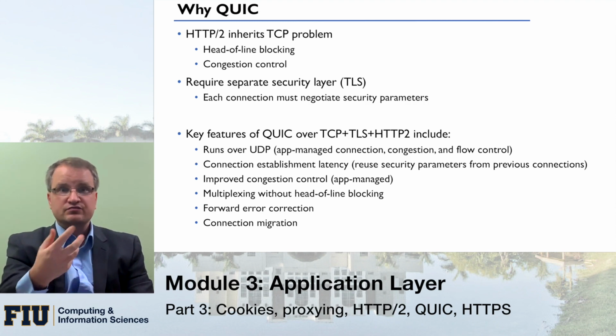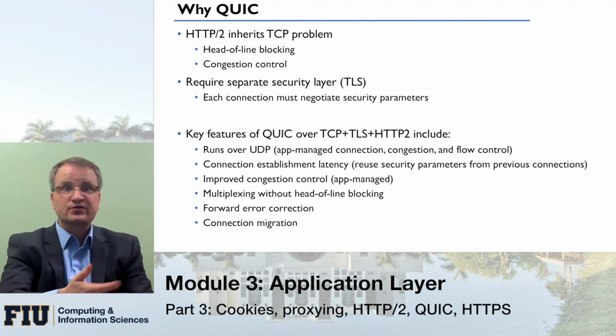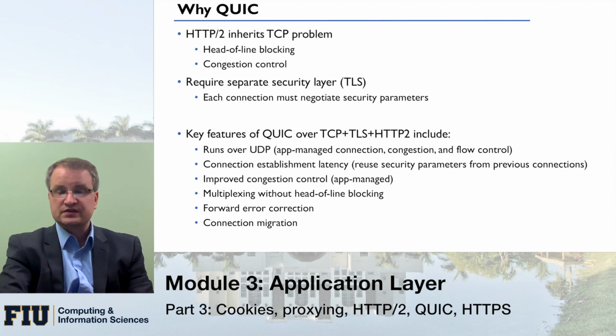If some application wants to experiment with different congestion control algorithms, it effectively needs to convince every single operating system to implement this congestion control algorithm, and wait until all the systems get updated and start supporting it.